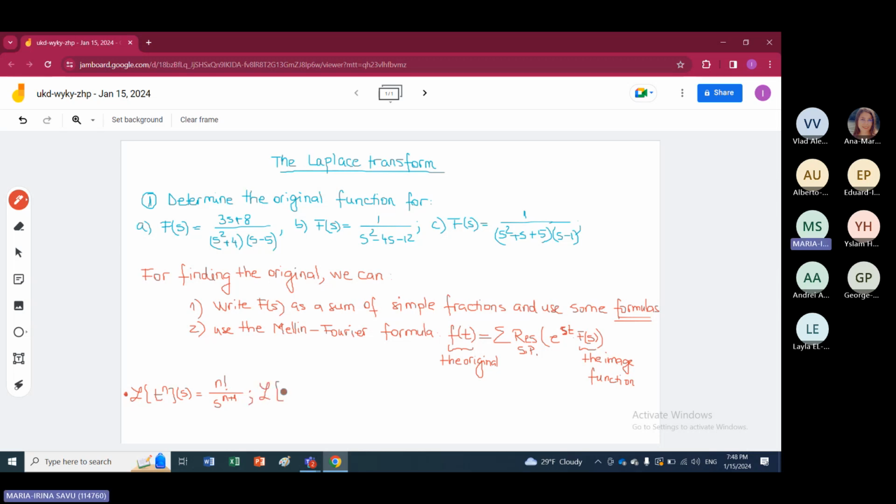Then, Laplace of e to the at, computed in the variable s, is 1 over s minus a. Laplace of cosine of at in s is s over s squared plus a squared. Then Laplace of sine of at in variable s is a over s squared plus a squared.